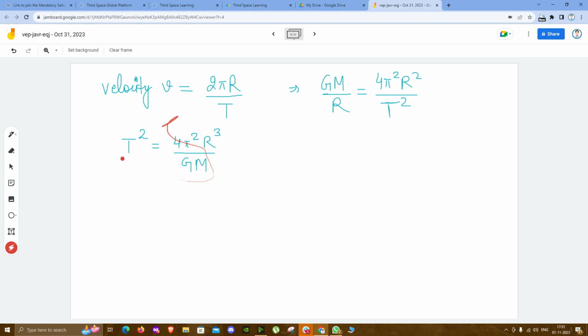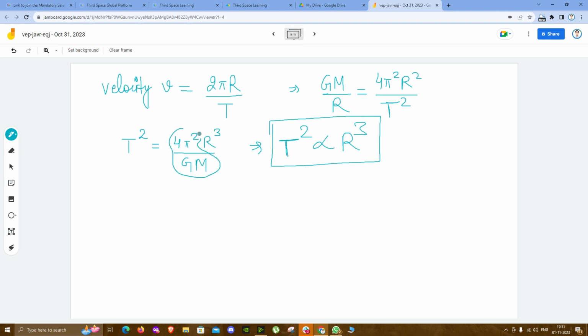If it is a constant, that means T square must be directly proportional to r cube. This is a constant, and now the equal sign is converted into directly proportional. So in other words, T square divided by r cube is a constant. Okay, this is proved. Hence the third law, the law of periods, is proved.